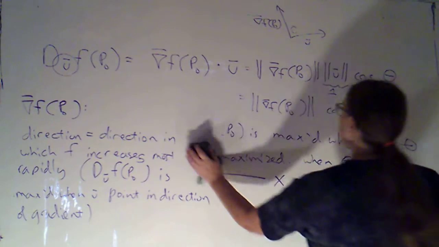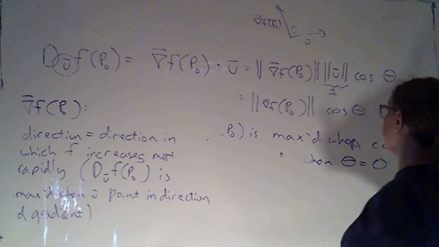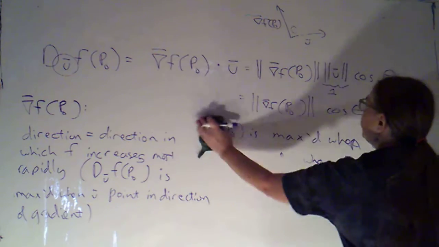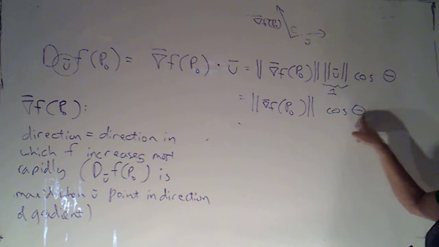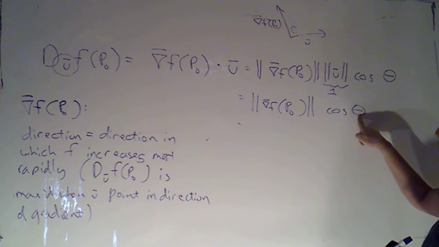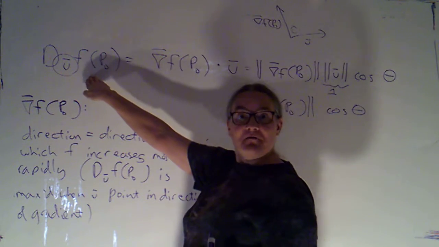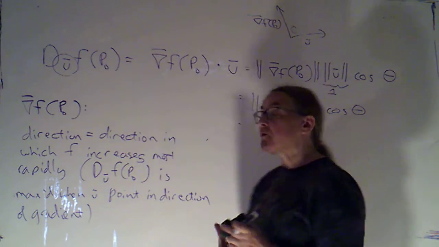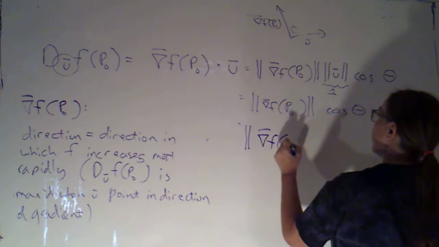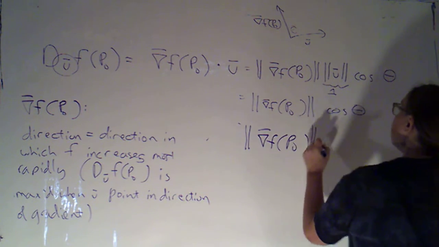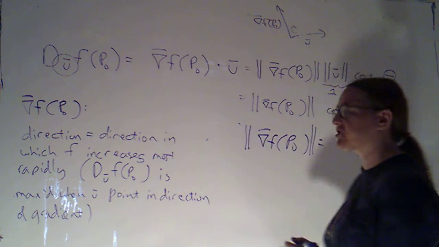Okay, and what does this tell me about the magnitude of the gradient? Well, if this is going to be maximized when cosine of theta is 1, then this is the value of that directional derivative. So the magnitude of the gradient of f at P naught is the maximum value for the directional derivative.